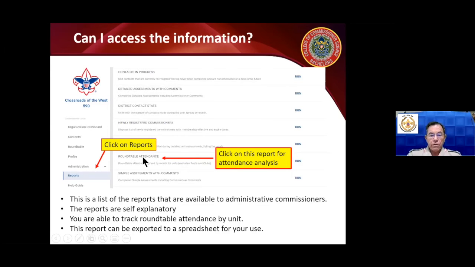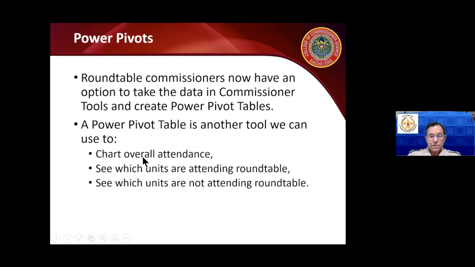Once you click on the roundtable attendance report, commissioners now have the option to take the data in Commissioner Tools and create a pivot table with that data. With a pivot table, you can chart overall attendance. You can see which units are attending and which units are not attending.